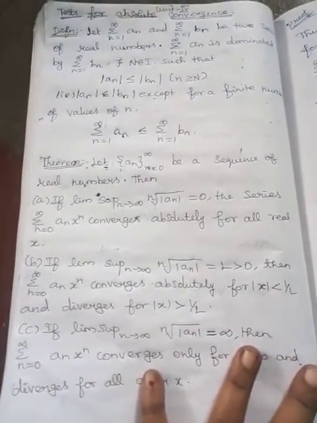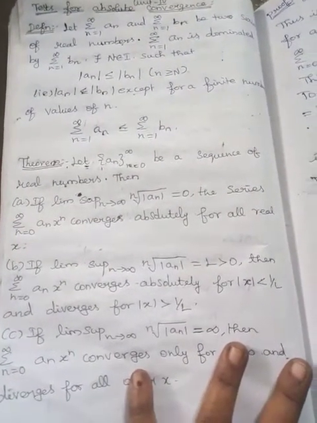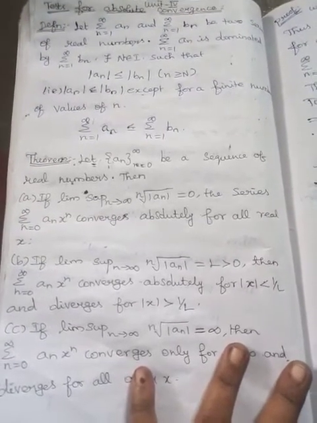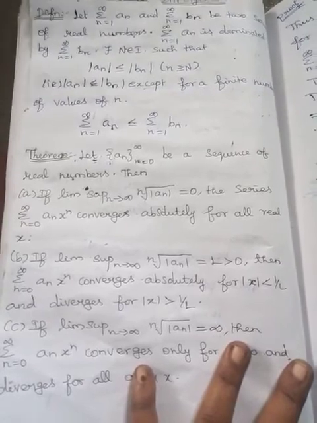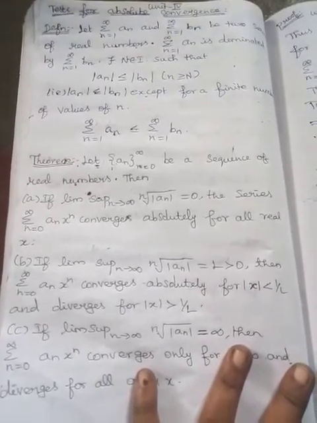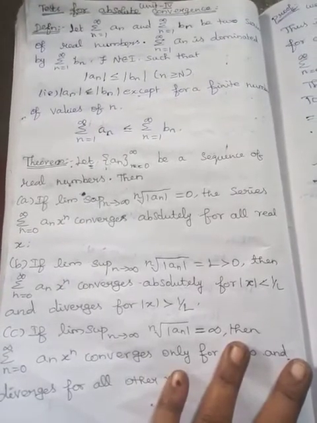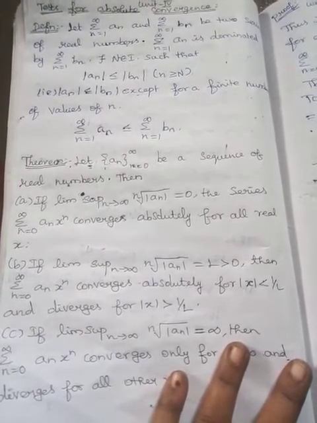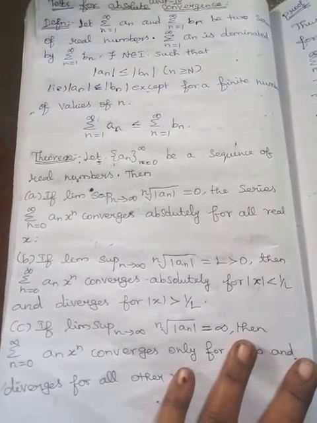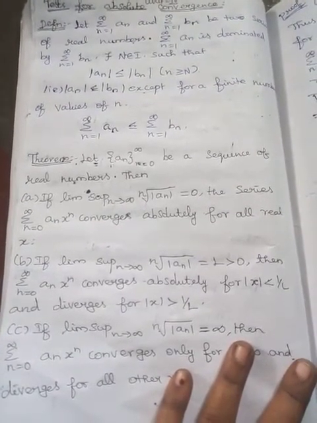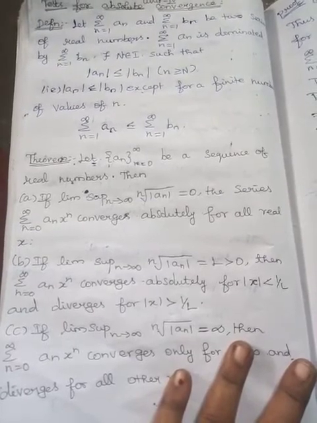Next theorem: let an, n equal to 0 to infinity, be a sequence of real numbers. Then subdivision A: if limit supremum as n tends to infinity of nth root of modulus of an equals 0, the series summation n equal to 0 to infinity an x power n converges absolutely for all real x.